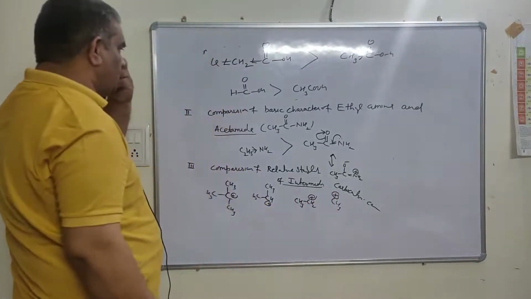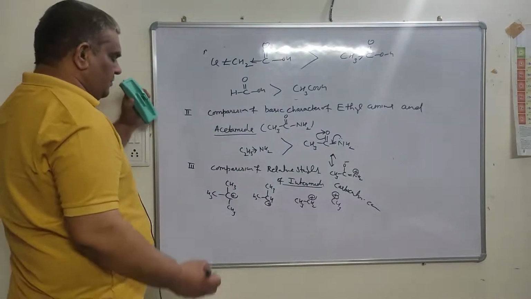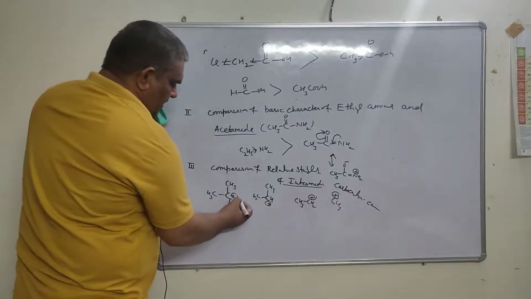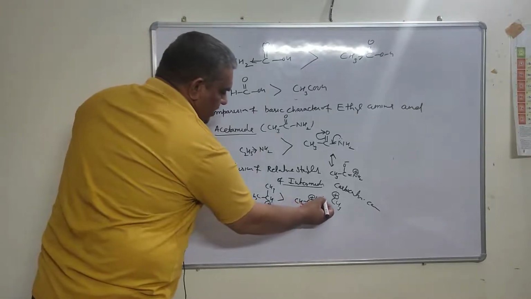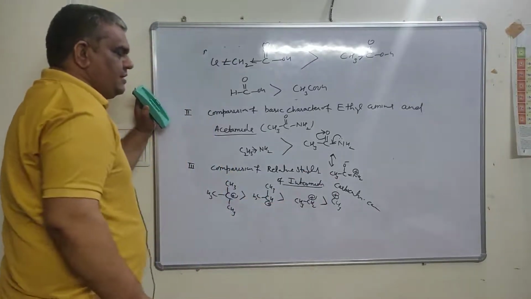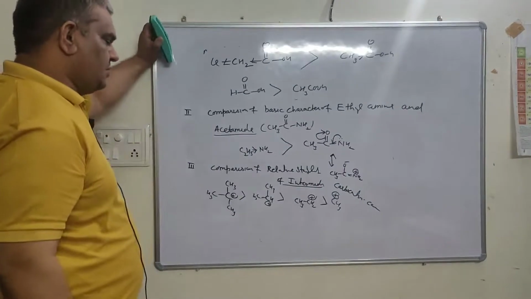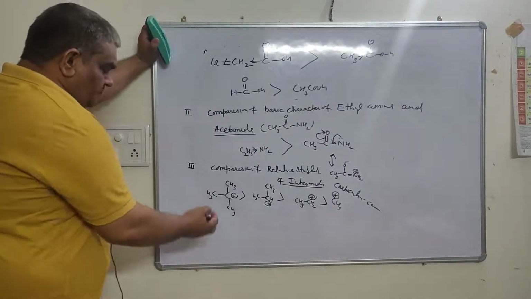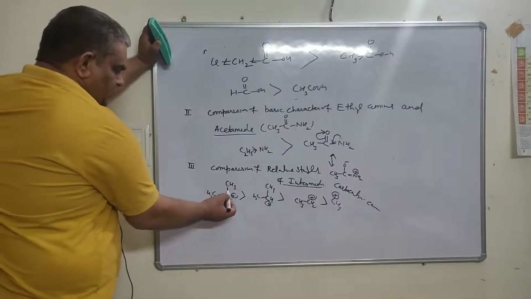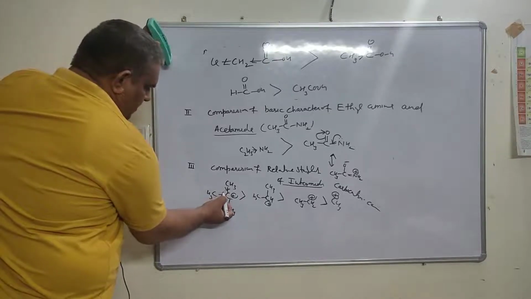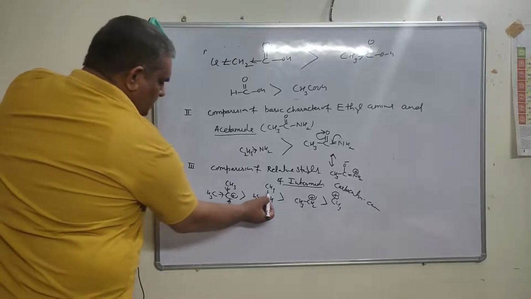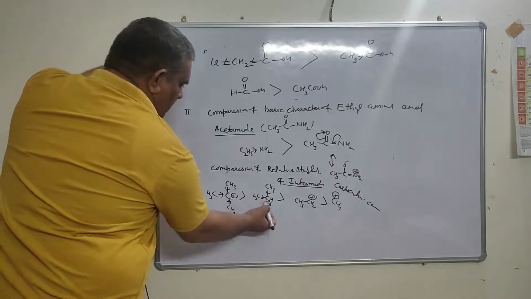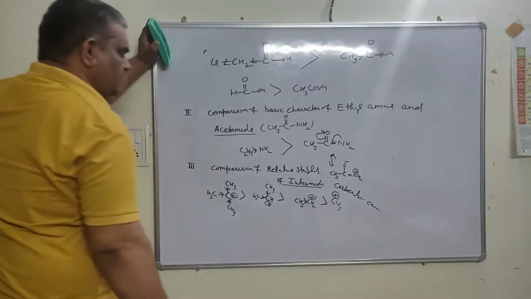On the basis of the inductive effect, the tertiary carbocation is more stable than secondary, which is more stable than primary, and primary carbocation is more stable than methyl carbocation, because the tertiary carbocation has three methyl electron donating groups. In this case two methyl groups, in this case one methyl group.